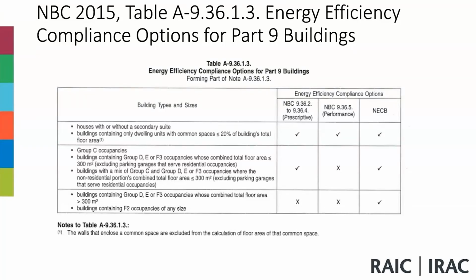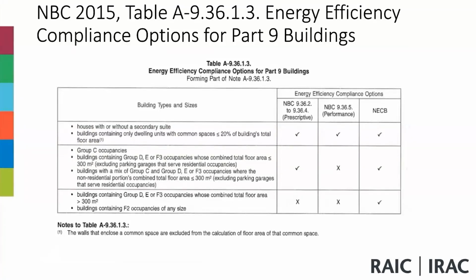For Group C occupancies other than houses with secondary suites, and buildings in which the dwelling units have common spaces less than 20% of total floor area, you can use 9.36.2 to 9.36.4.